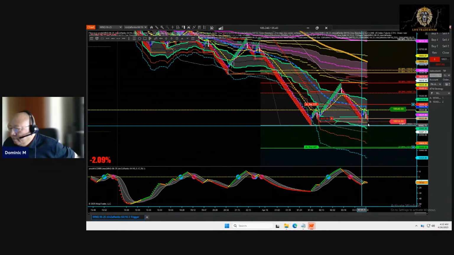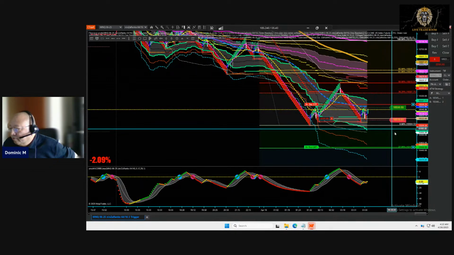So they basically closed this to have an up reversal candle. There it is.